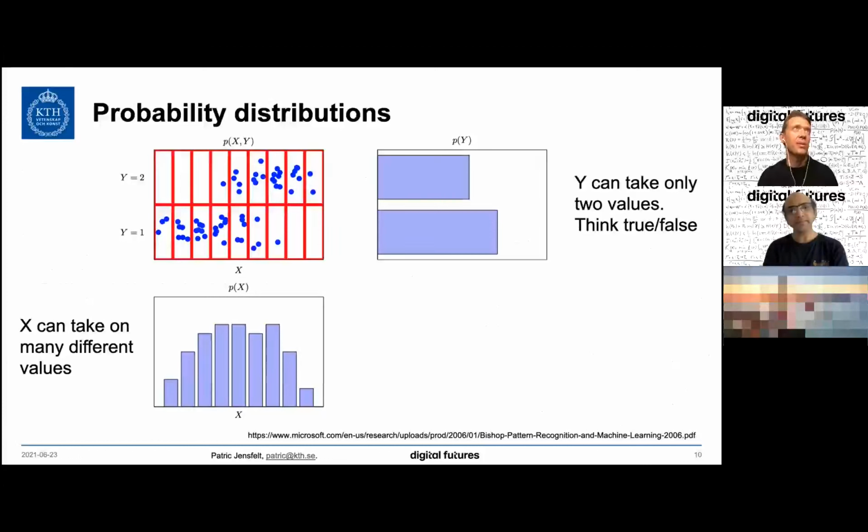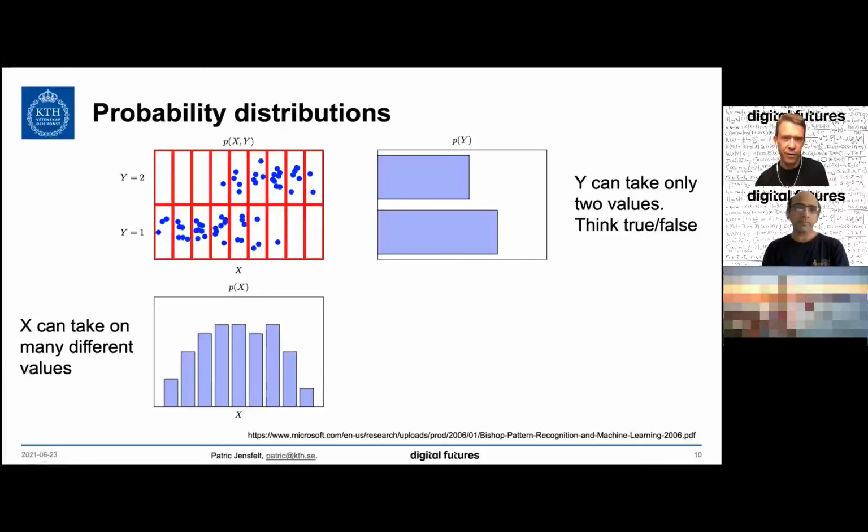Another key concept is probability distribution. So far, we looked at variables that can be only true or false, but in many cases, the variable can take on many values. And then to describe that, we look at the probability distribution. So here we have a case where we have two different variables.